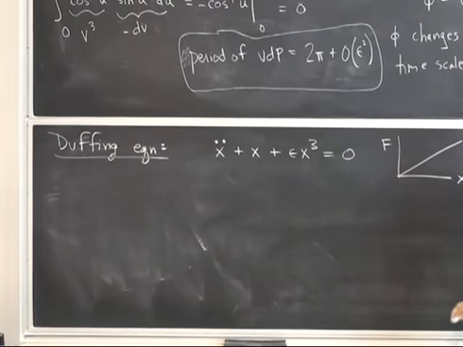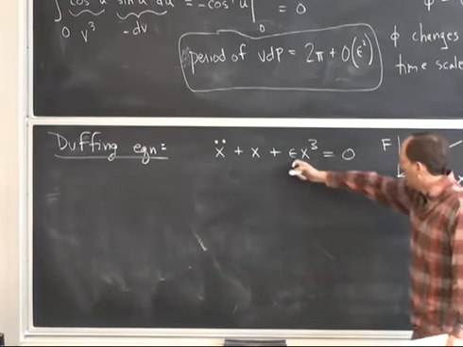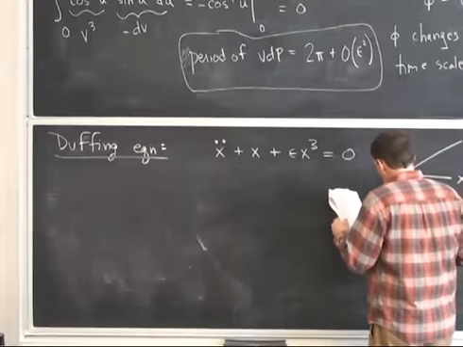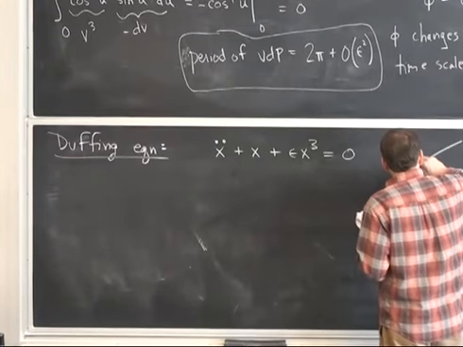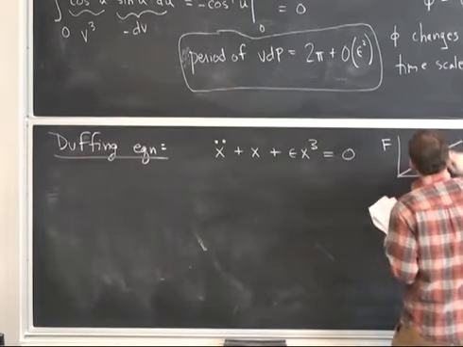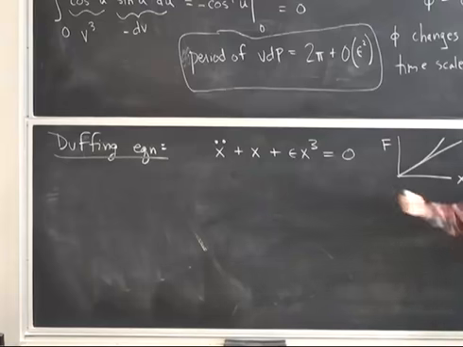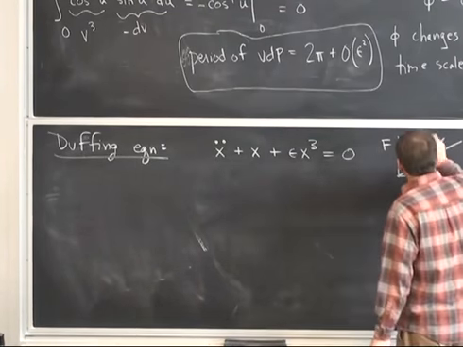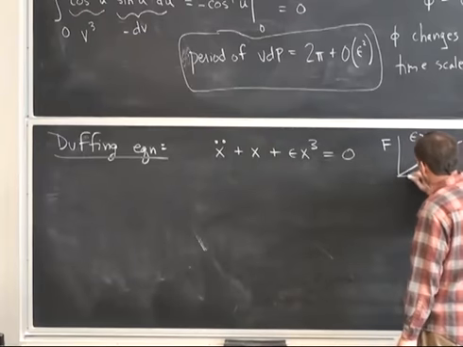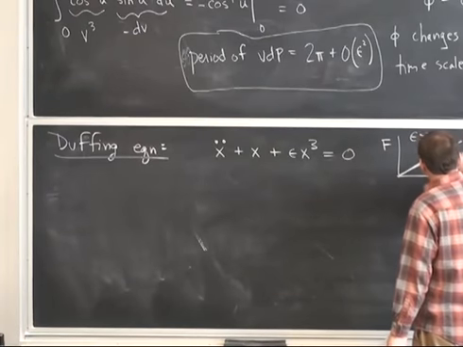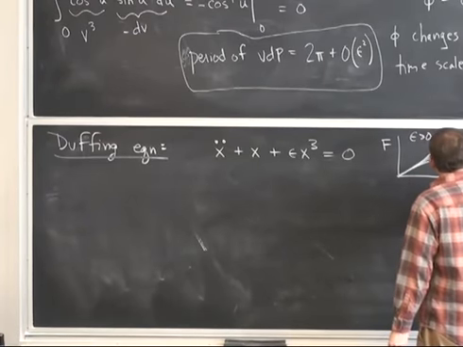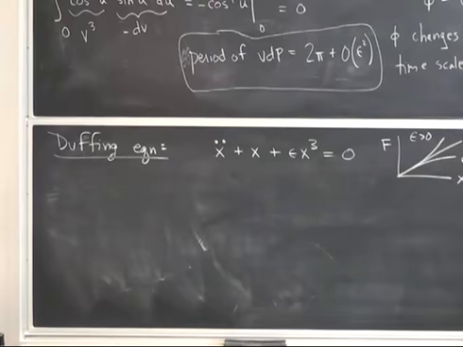That's the simple harmonic oscillator. If we have a positive epsilon in here, that would mean that the spring starts like this, but then actually gets stiffer. That is, as you stretch it more, it gets stiffer. So people talk about a hardening spring when epsilon is greater than 0. Versus if epsilon is negative, you have a softening spring. It gets less stiff as x gets bigger.